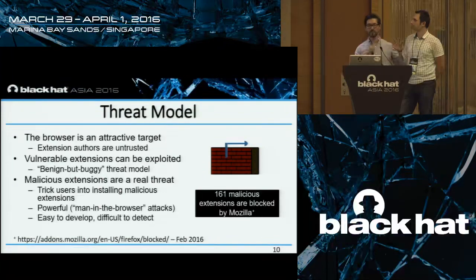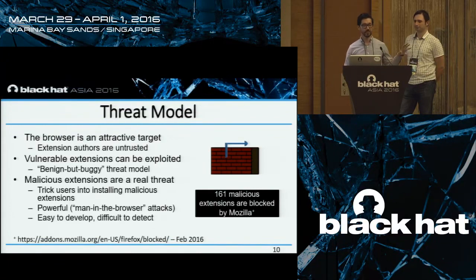There's the first one, which is vulnerable extensions, also known as the benign but buggy threat model. And nobody is formally verifying that these extensions are free of vulnerabilities and are following some spec of good program behavior. So, as with any software, they can have bugs that have security implications and could be exploited by other malicious parties. So, that's a problem.